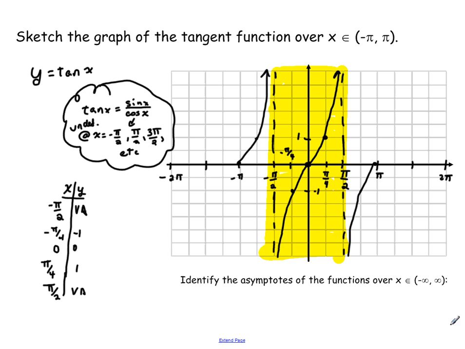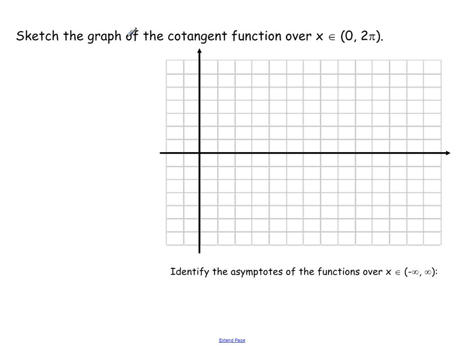All right, so what about cotangent? Well, a cotangent function works in a similar way. For y equals cotangent of x, we're basing our function on the sine, where sine is 0 to give us our undefined values.